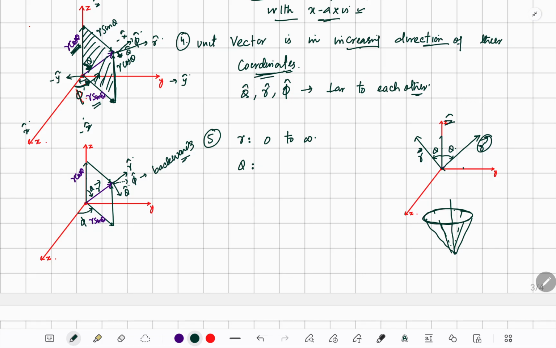If you could imagine, this is the top part of the sphere, and every r makes angle theta with the z-axis, because this point and this point are equidistant. Okay, you don't feel it, but just imagine it. Just take the umbrella and put it down, and then try to close it.